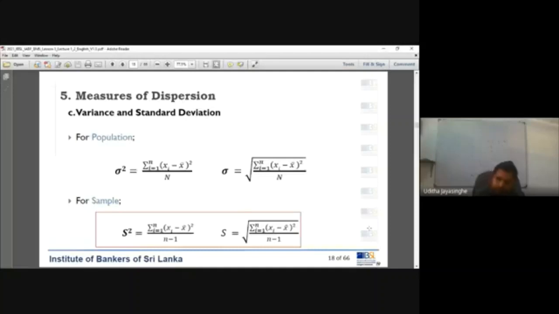The examination questions also, provided we are discussing a sample, you have to be very careful and apply the sample size. If you have the sample as 40 or 30, always take minus 1 in the equation for variance and standard deviation. Red square means this equation has to go to your A4 sheet in your short notes.